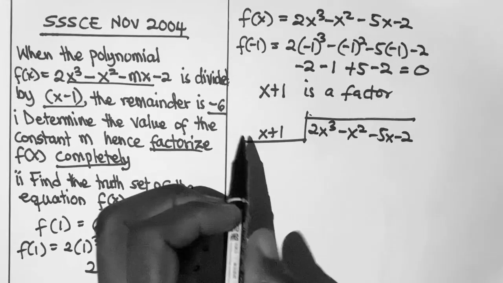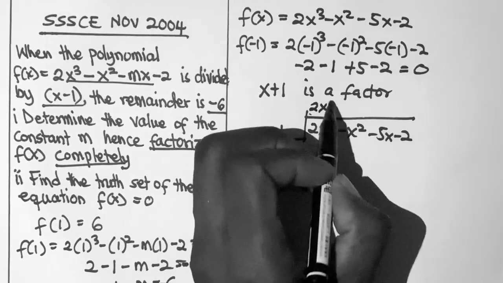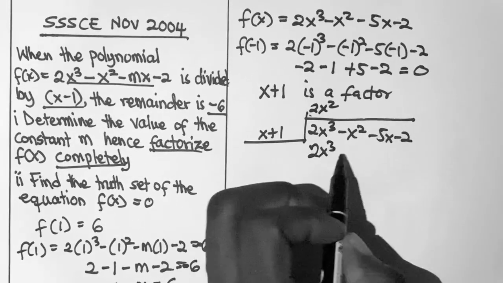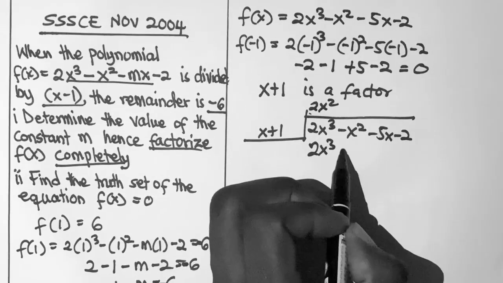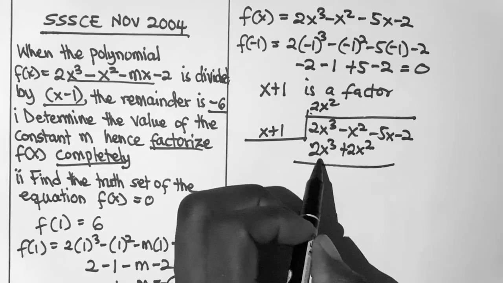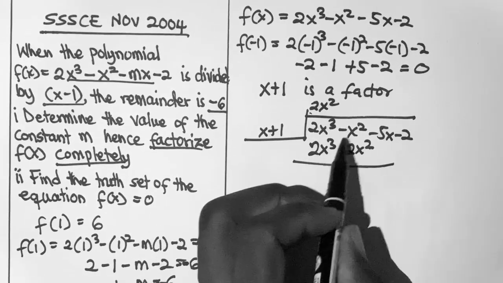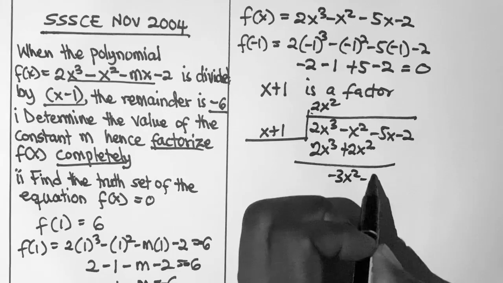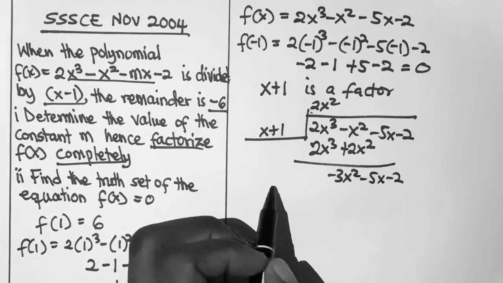So 2x cubed divided by x is 2x squared. Now 2x squared times x is 2x cubed. Then 2x squared times 1 is plus 2x squared. So if we subtract, this goes to 0. Minus x squared minus 2x squared is minus 3x squared. Then minus 5x minus 2.